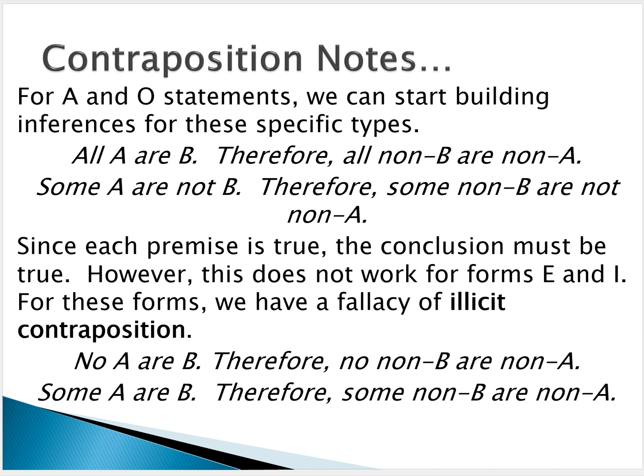For A and O, you can start building inferences for these types. Since the premises are true, the conclusions are true. However, E and I have illicit fallacies, illicit contrapositions, when that happens.